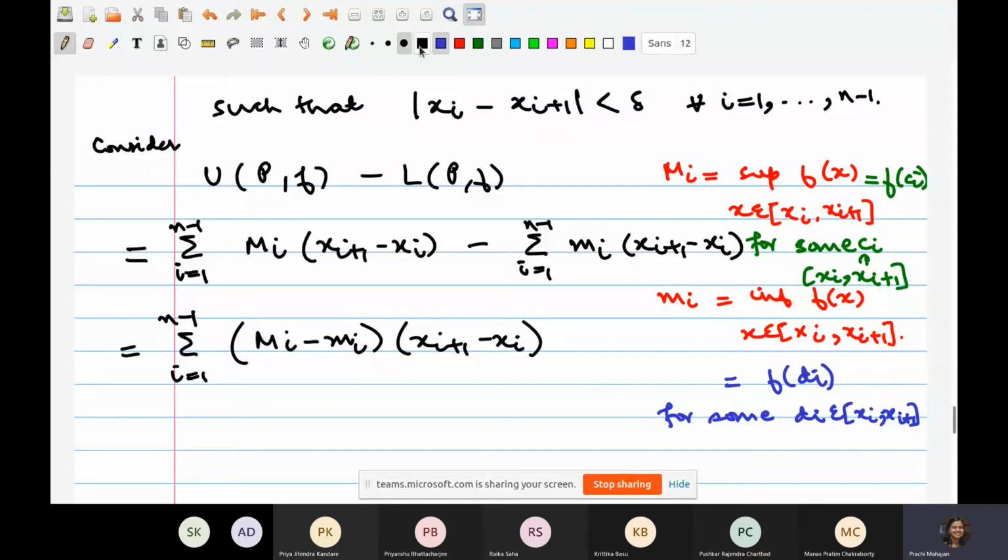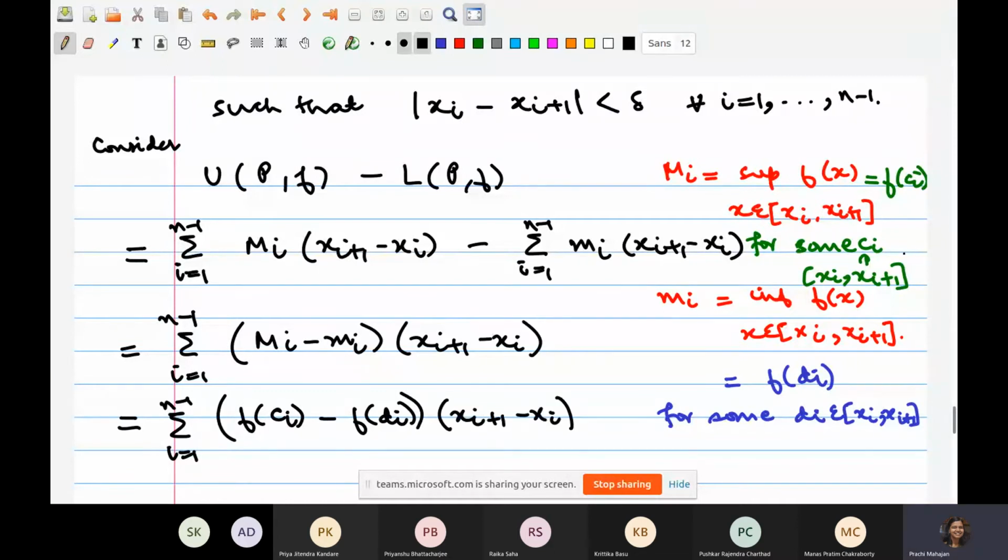Much more than that, what we need to realize is what is the advantage of all of that. The advantage is that now I can write this sum with the supremum of f on the ith subinterval replaced by f of ci, and this by f of di, where what is important is that ci and di are some points in the ith subinterval.